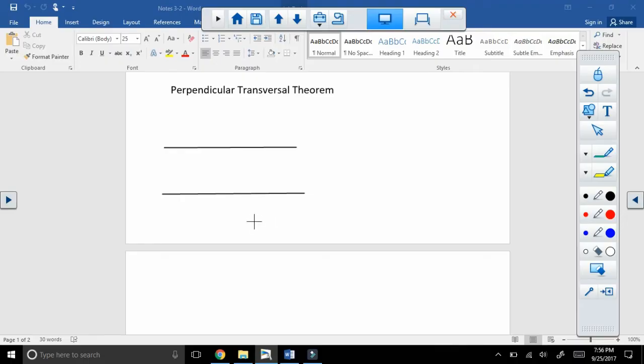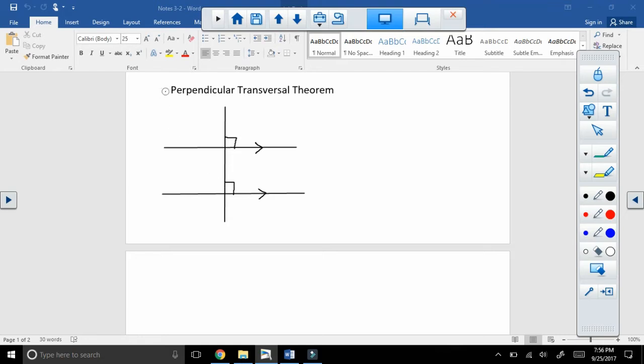Well, I just found my straight line tool, so maybe some of these lines will start looking a little better. For this last thing, the perpendicular transversal theorem, this one says that if you have parallel lines and you have one line that's perpendicular to one of those parallel lines, then it is perpendicular to both of those parallel lines.